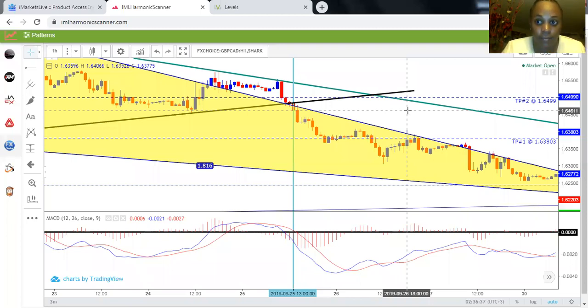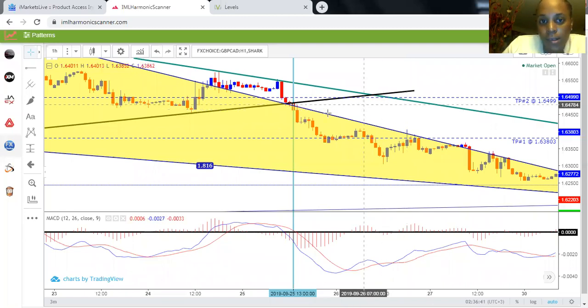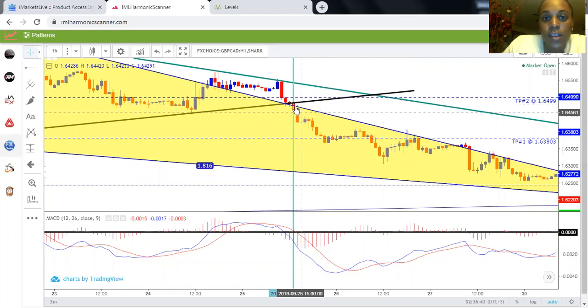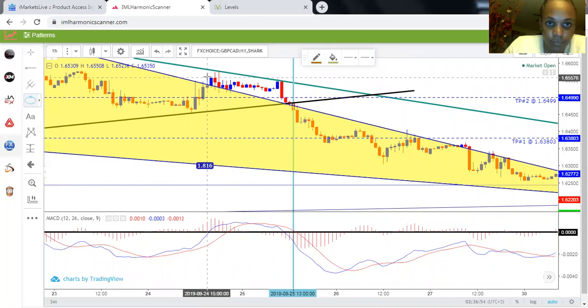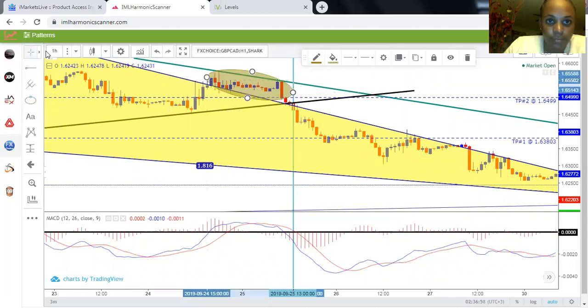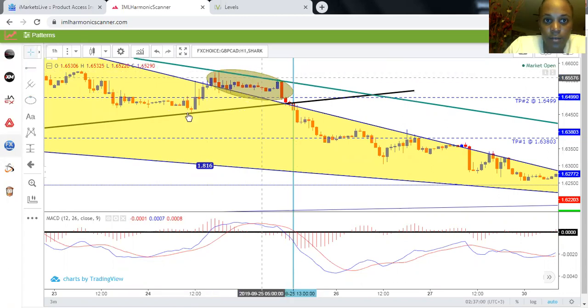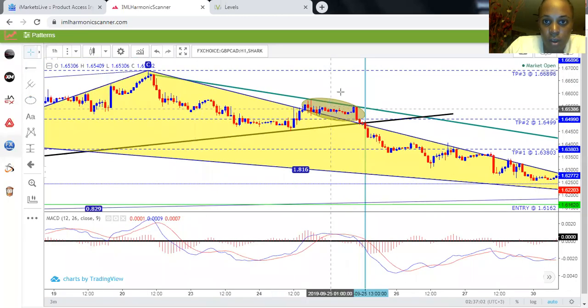For the sell. Good. Where do we place our stop loss? We're placing our stop loss, in this case, at the last mountain top. The last mountain top is here. This is your last mountain top.